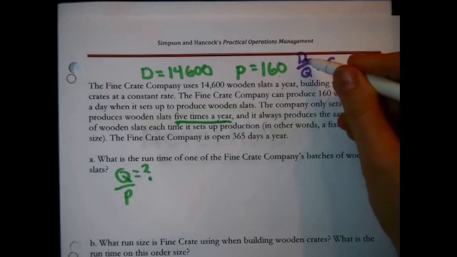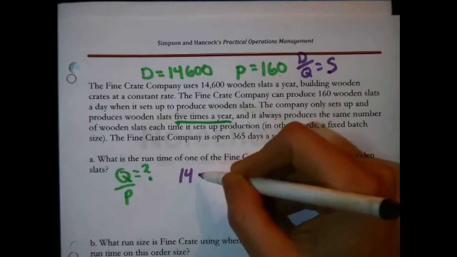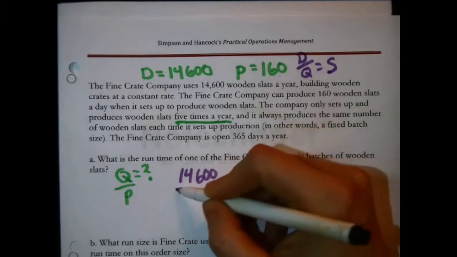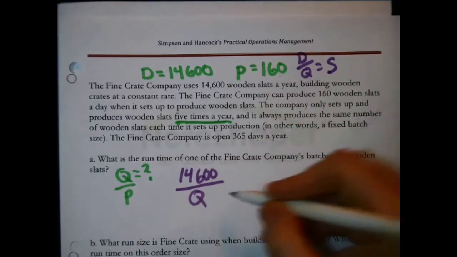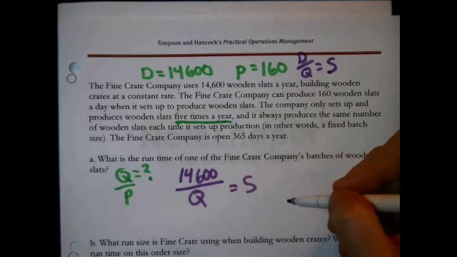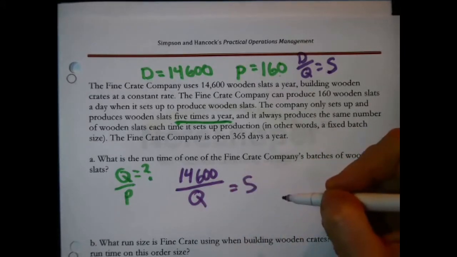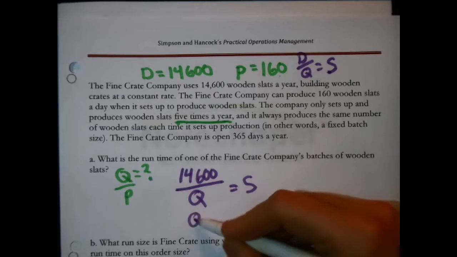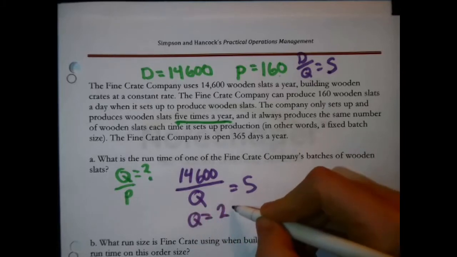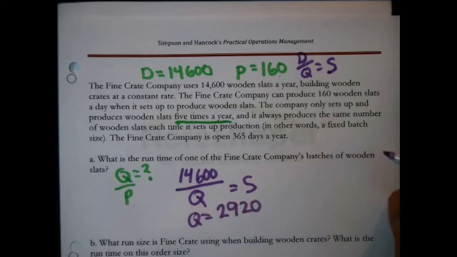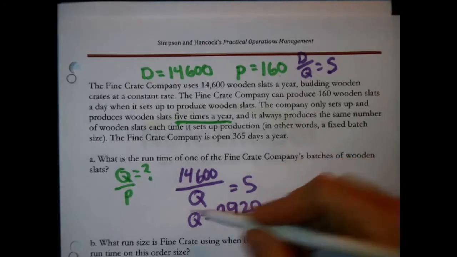And D I have. So 14,600 divided by Q, I don't know Q, but I know that this result is 5. That's where I come up with the conclusion that Q has to be, check me on this, 2,920. Okay, that's what Q has to be.